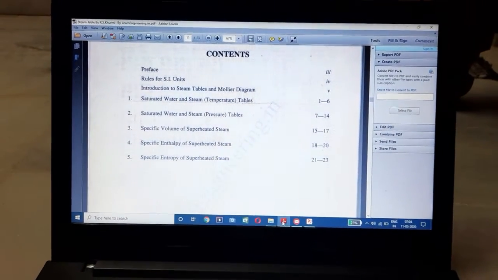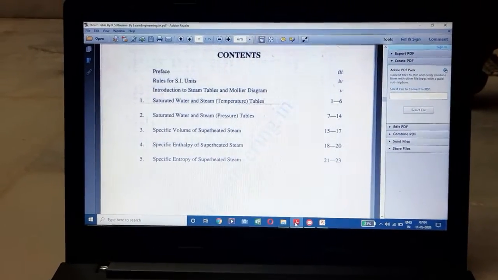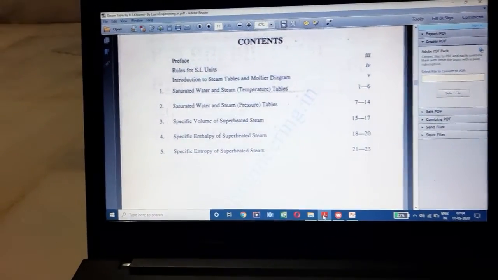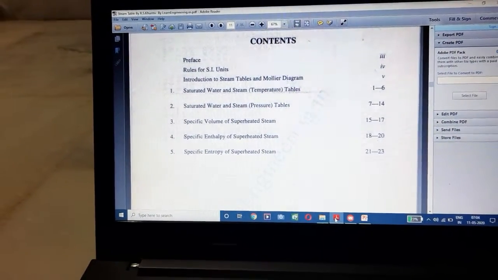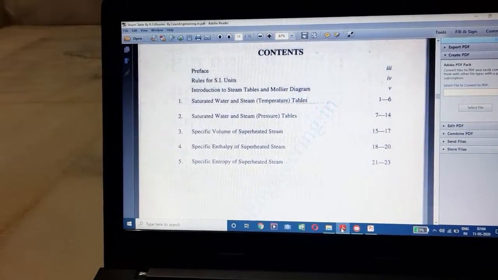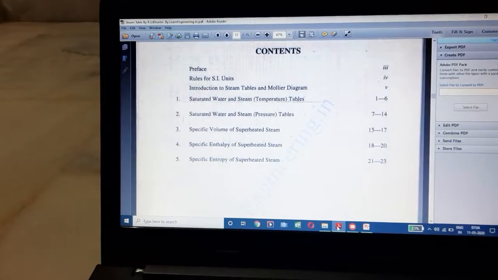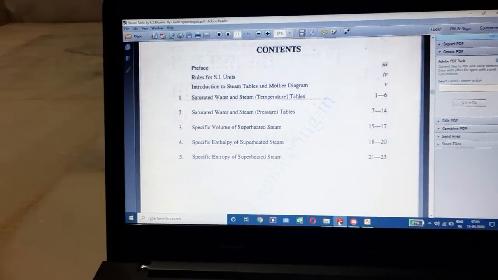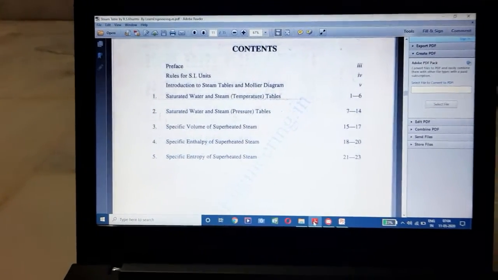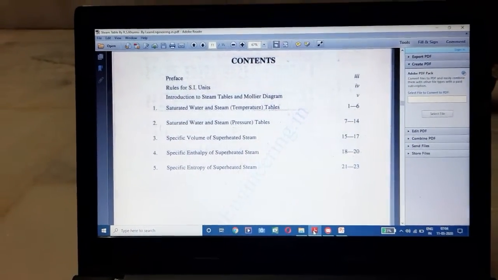The first shows the temperature values, the second pressure values, and the third, fourth, and fifth show the superheated steam values of specific volume, specific enthalpy, and specific entropy.